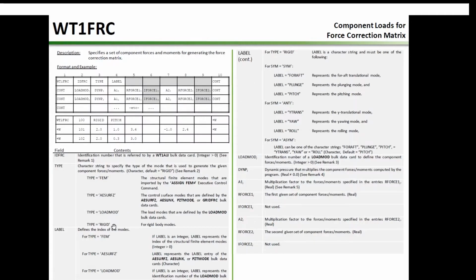In this case, I choose type equal to rigid, and then I choose the label equal to pitch, because pitch mode is kind of an angle of attack. I have two wing root bending moments at two different angles of attack at a given dynamic pressure in the wind tunnel, and I can use wind tunnel data to calculate the derivative of the wing root bending moment. Likewise, I can do the same thing for wing root shear. Those will give me the constraint function.